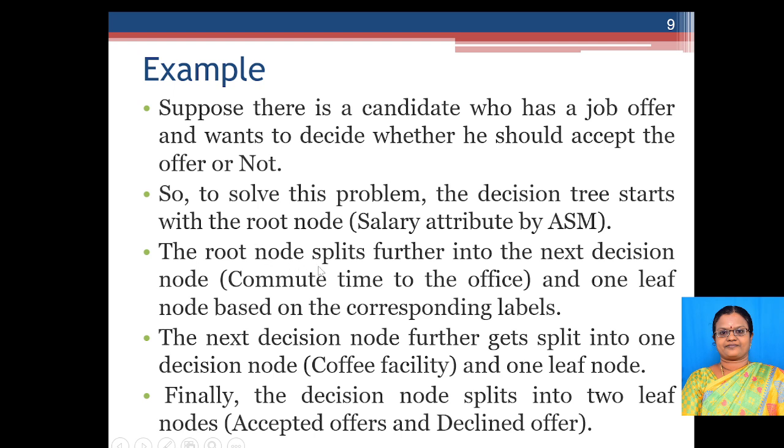Now the root node splits further into the next decision node based on the transport to the office, and one leaf node based on the corresponding label. The next decision node is further divided based on the facility, the coffee facility in the office, and one leaf node. Finally, the decision node splits into two leaf nodes, either accepted or declined offer.